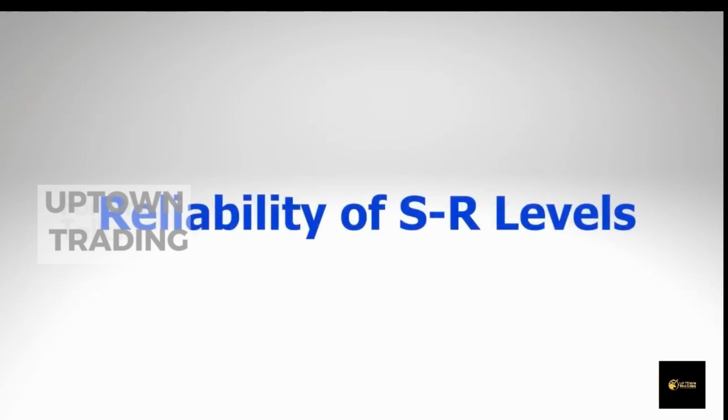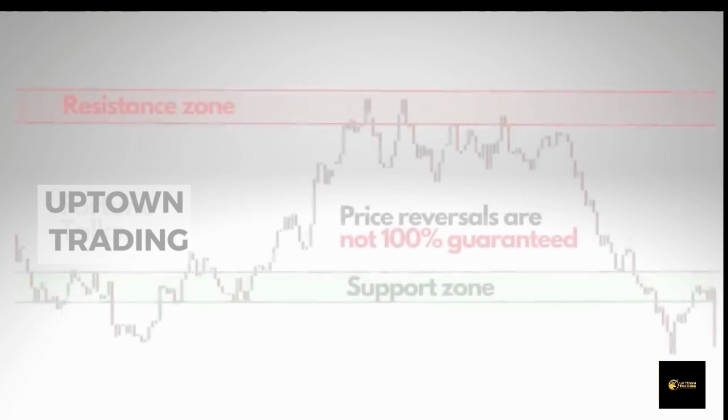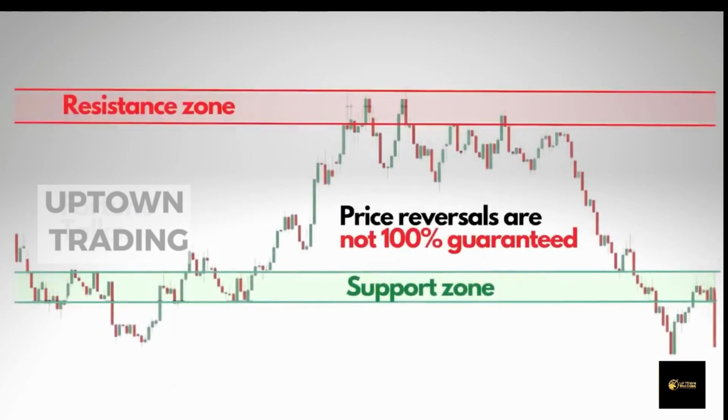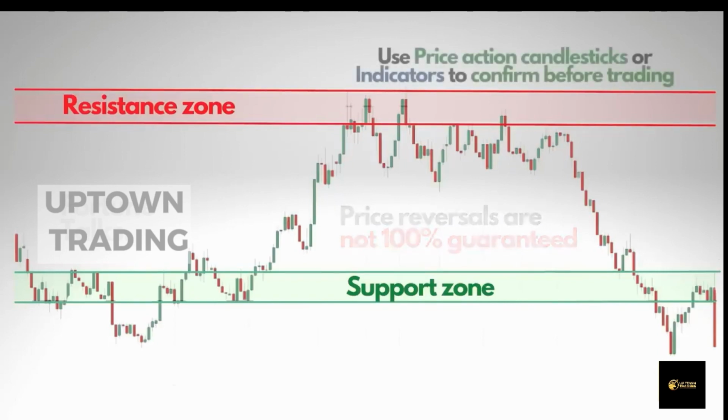Let us talk briefly about how reliable the support resistance are. The support and resistance lines are only indicative of possible price reversals. That is, by no means can we be certain that a reversal is going to happen, which implies that support and resistance alone are not the holy grail to success in price action trading.